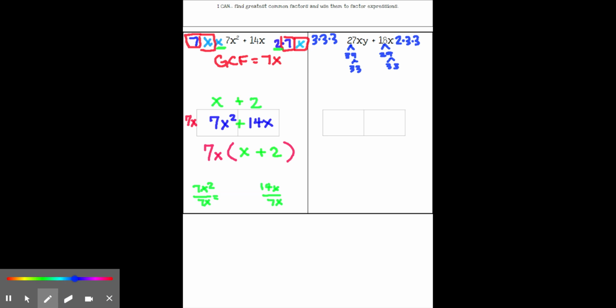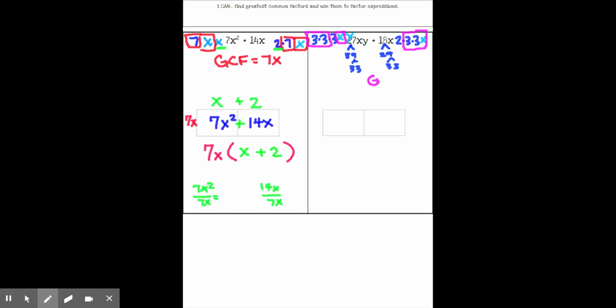And then they both have some variables. So 27xy has an x and a y, and 18x has an x. So we look for what they have in common. It looks like they both have 2 3's and an x.